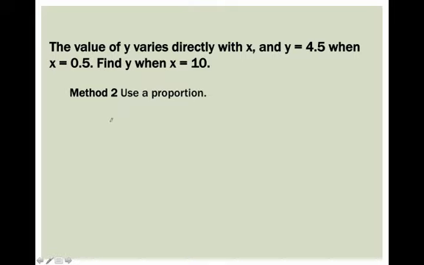So when 4.5 varies directly with 0.5, I know that this needs to be the same ratio, it needs to be proportional, some y, we're going to find out what, varies with 10. So I can actually cross multiply and solve for that y, and I find that y equals 90, and that will be my direct variation.